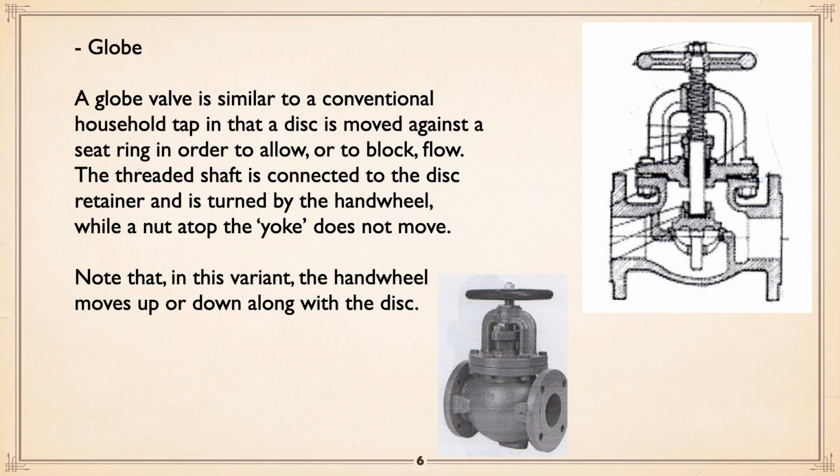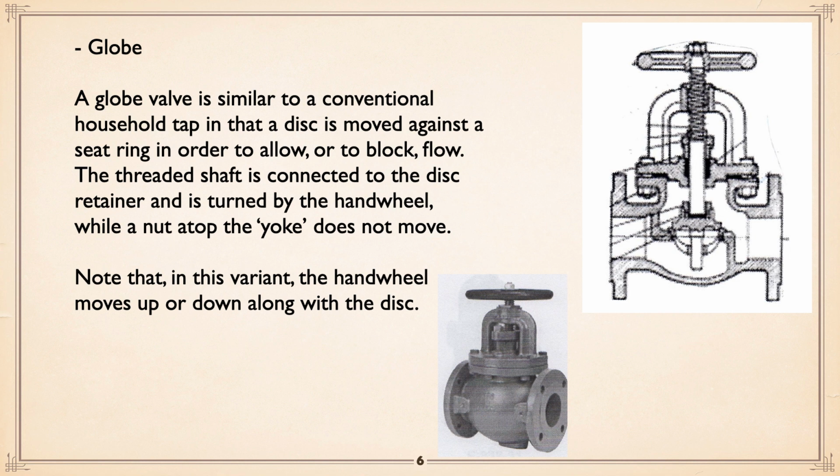Now, globe valves. If you take a look at this, the basic action is you're raising a plug or disc up and down on a seat. Flow comes down, under, and over, and that basic hydraulics is used in an automatic control valve.